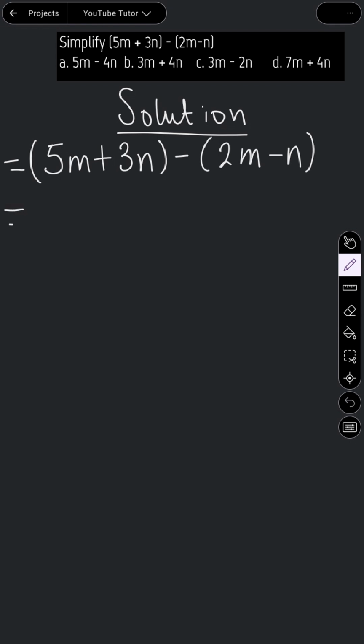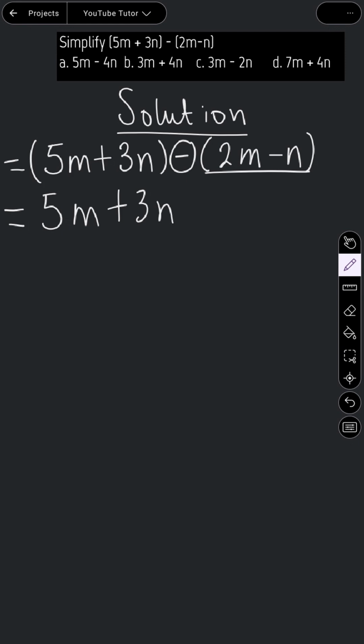With these types of questions, we expand the bracket, or what is called the distributive property. So we are going to distribute. Let's rewrite this. 5m plus 3n remains unchanged, but with this one, the negative sign affects everything in the parentheses.